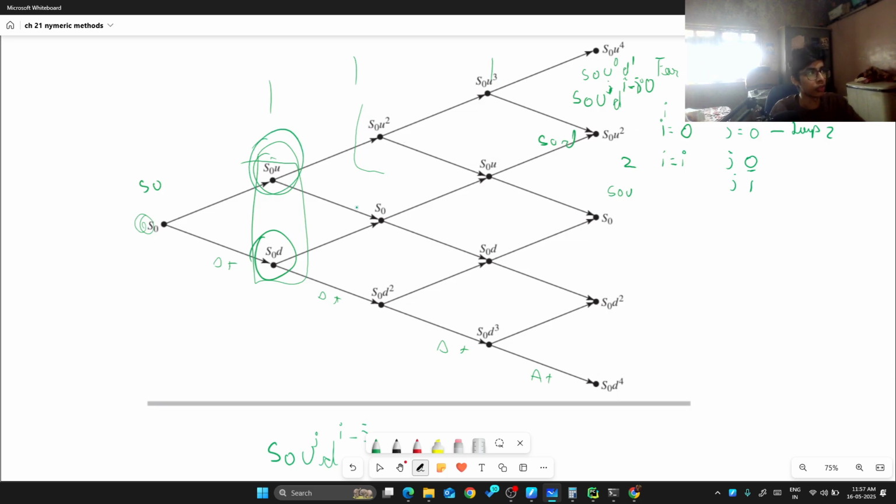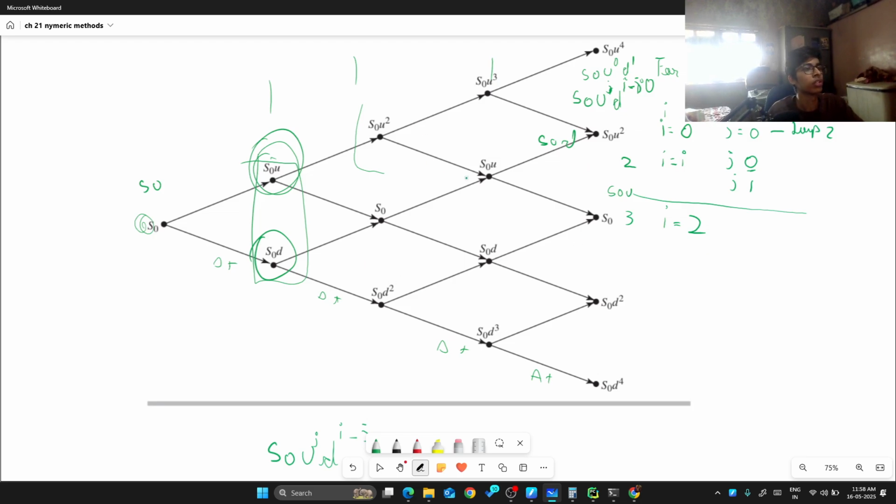Let's do it for the third timestamp. In the third loop, where i equal to 2, you have to understand how this works, because in coding you have to code it.